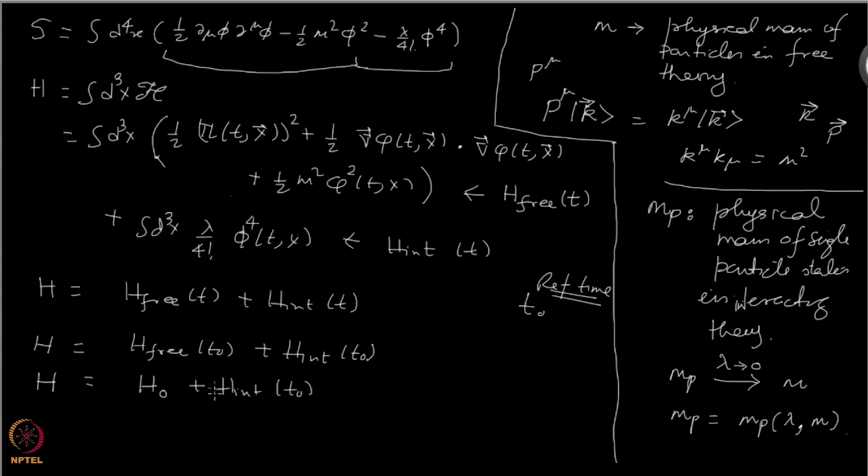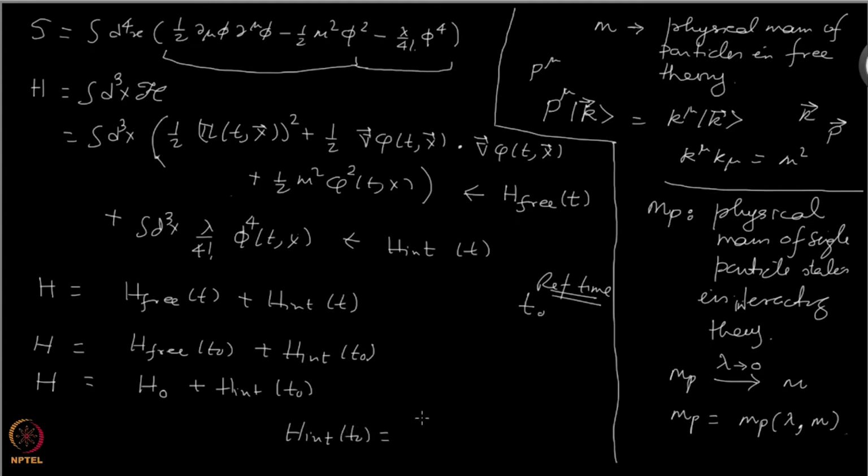If you look at H interaction now, or H naught, the fields, the phi's and the pi's which appear in here, have time argument t naught, because I am evaluating them at a specific time t naught. Let me write H interaction once, but later I will suppress the t naught argument.